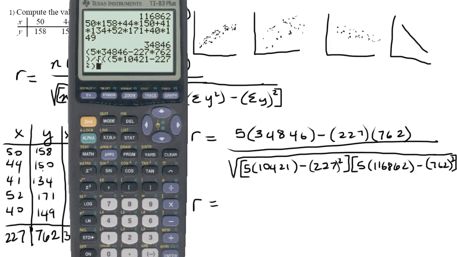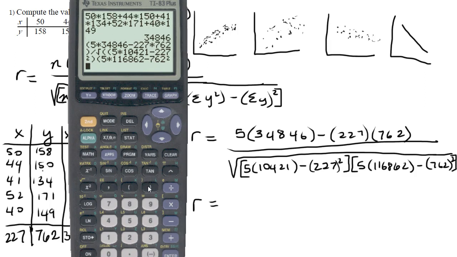And then I open another one, multiplying here. So I've got 5 times 116862 minus 762 squared. Close that, then close the square root.